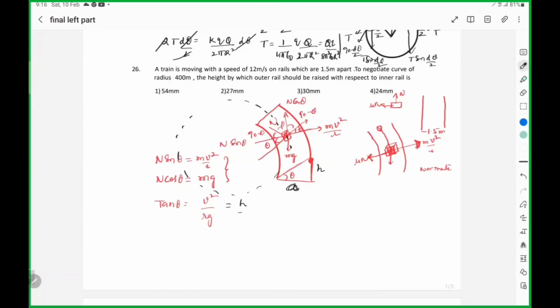So the height will be l v square by r g. Here 1.5, and velocity is 12, so 144 by radius 400 into g is 36. So it is 36 into 1.5, 36 plus 18, 54 by 10 cube meters, or 54 millimeters. That is the answer to this question.